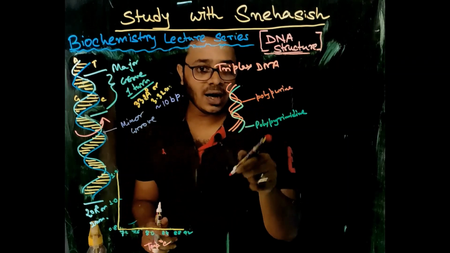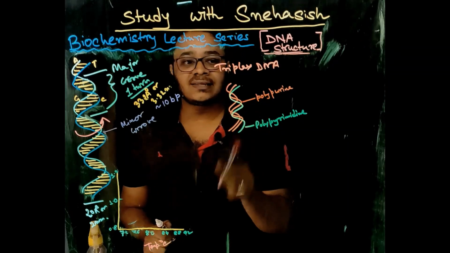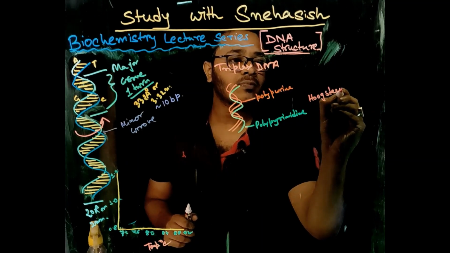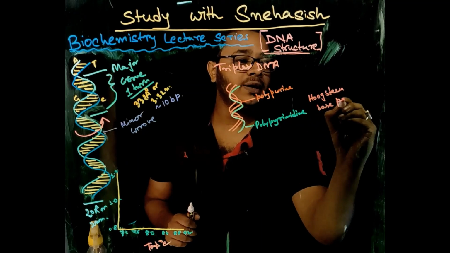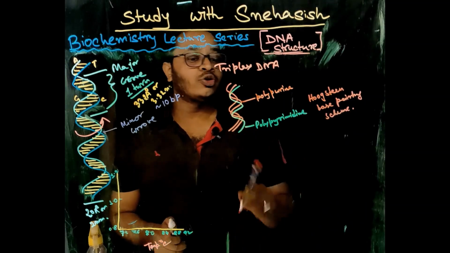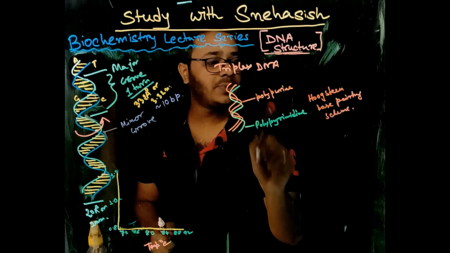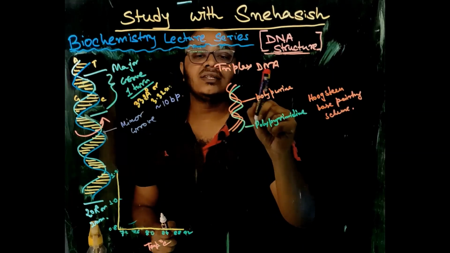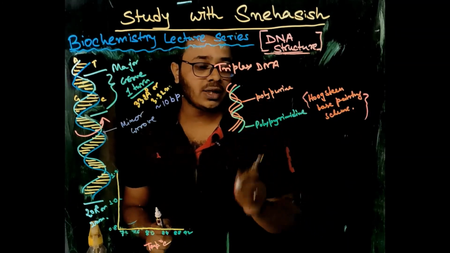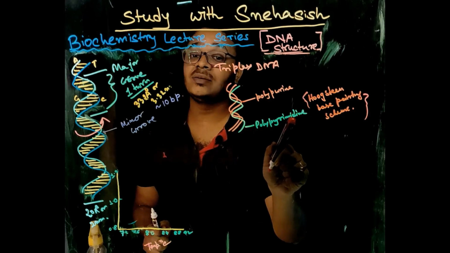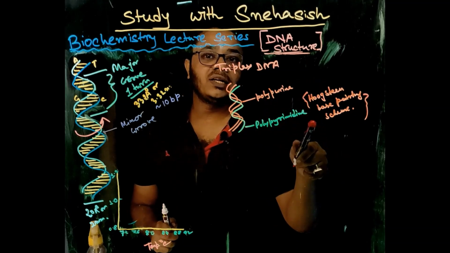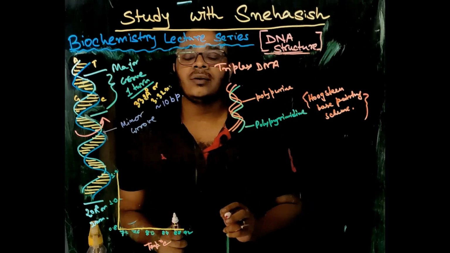The third strand base pairs with the second strand through the Hoogsteen base pairing scheme. So if the third strand is rich in pyrimidine and the second strand is rich in purine, then the base pairing is Hoogsteen base pairing. On the other hand, if the third strand is rich in purine and the second strand is rich in pyrimidine, then the base pairing will be reverse Hoogsteen base pairing.